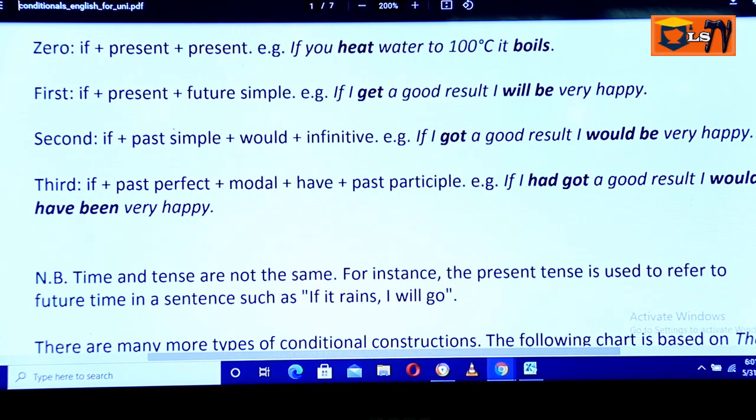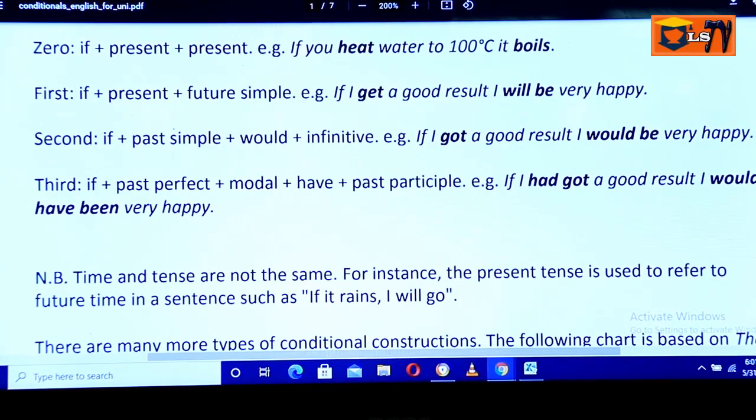This third one is formed by if plus past perfect plus modal plus have and past participle. Now, dear students, look at the example. If I had got a good result, I would have been very happy.